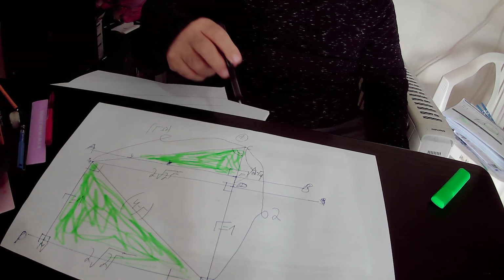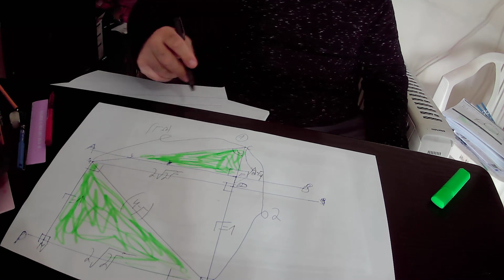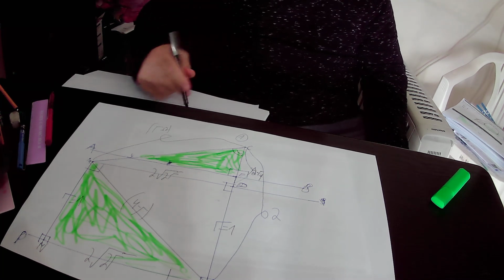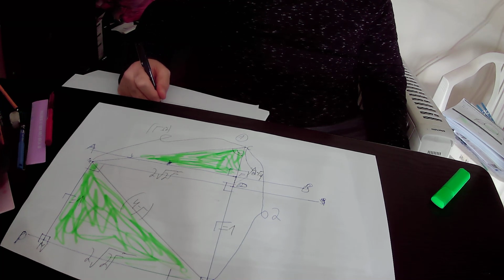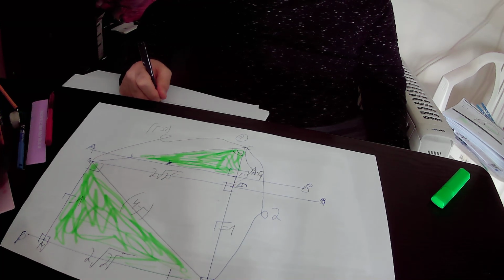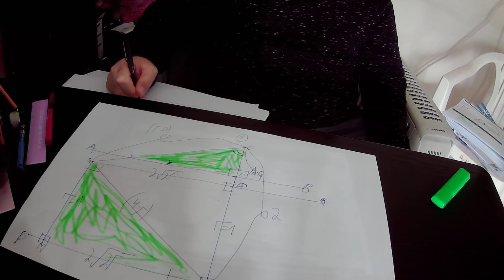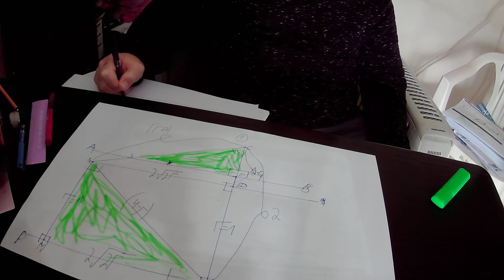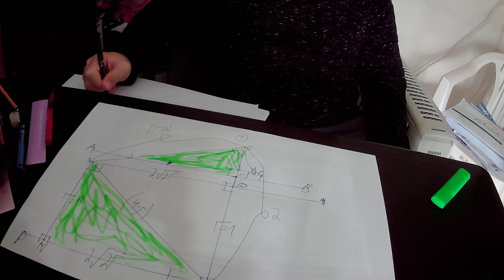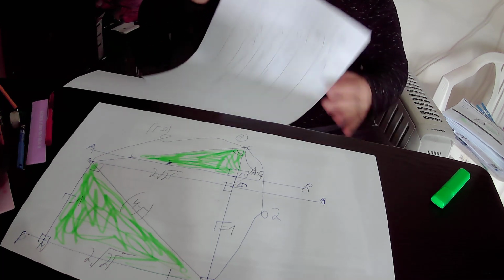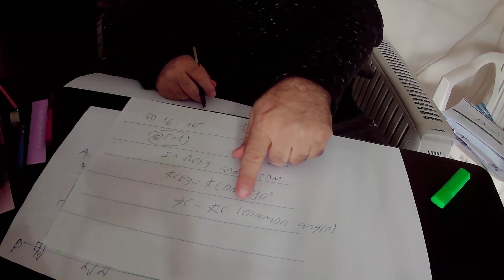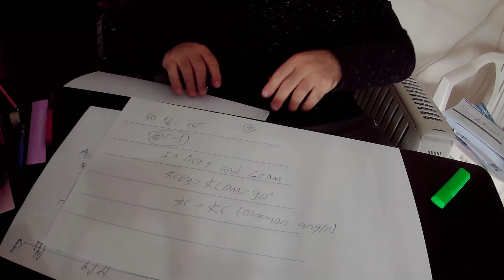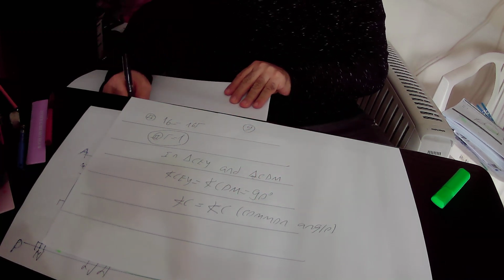So angle C equals angle C, it is a common angle that belongs to both triangles.